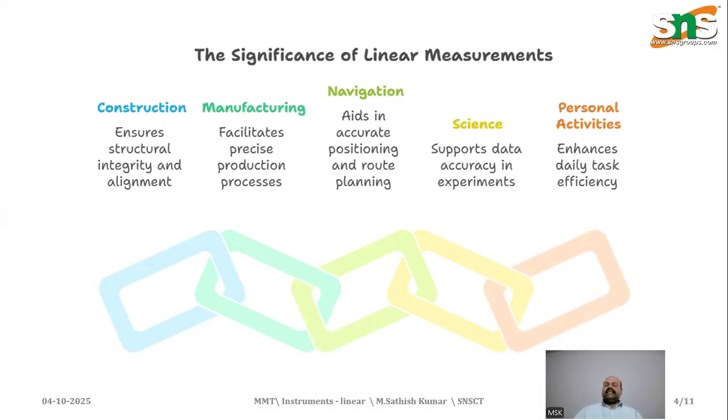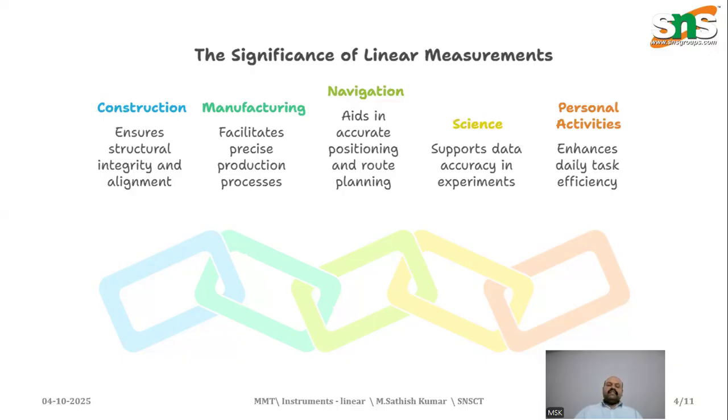Coming to the significance of linear measurements, not only do we use linear instruments in manufacturing, we have several sectors which utilize them. Let us take the example of construction: it ensures structural integrity and alignment. In manufacturing, it facilitates precise production processes from design to packing.